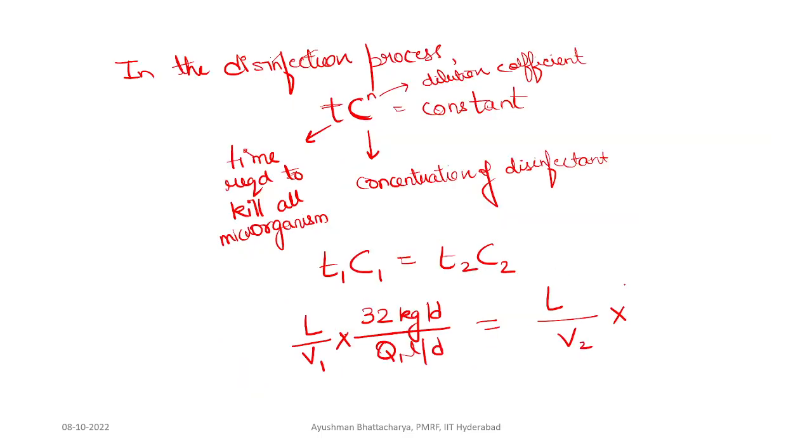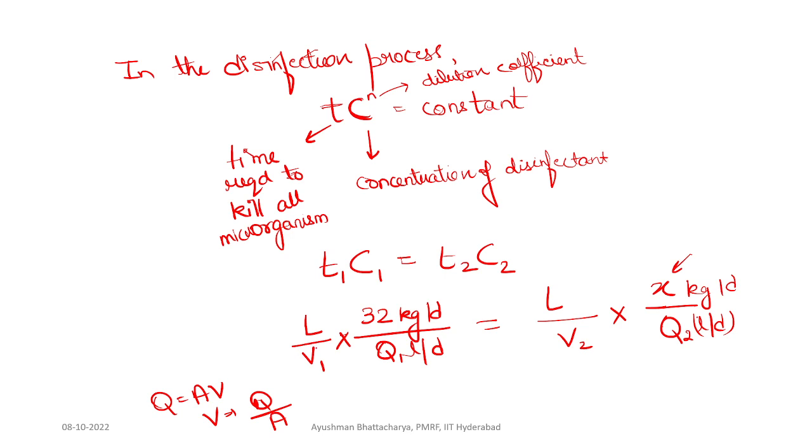So we can write X divided by Q2 liter per day, and it will be in X kg per day. Since we have to find this, we can write the velocity as we know: Q is equal to A into V. From this we can write V is equal to Q by A.